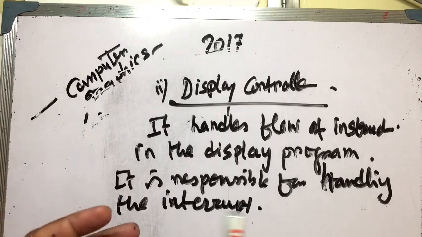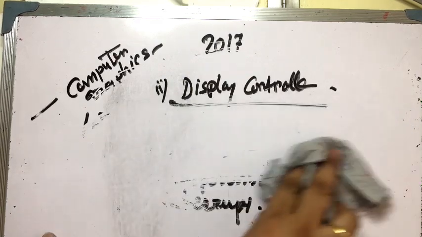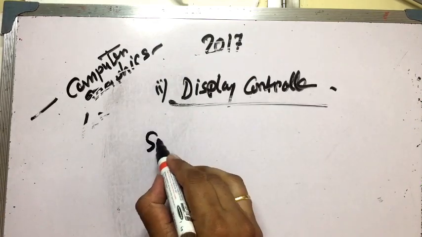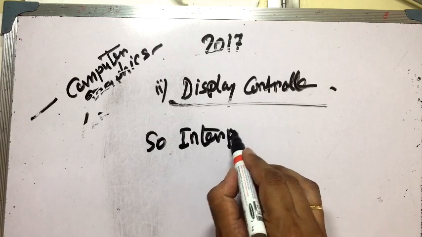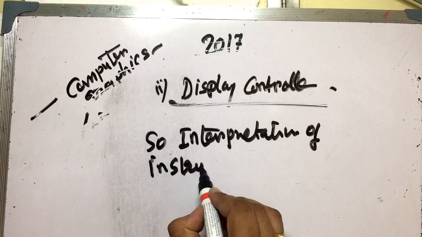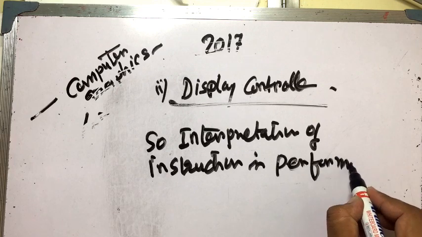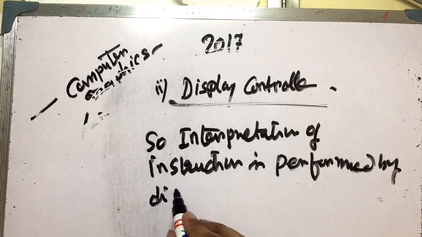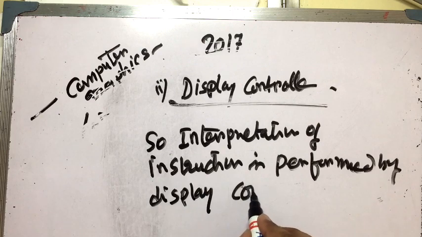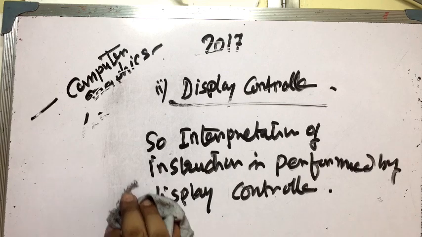So this is the interpretation phase through which interpretation of the instructions is performed by the display controller. So this is the function of display controller.